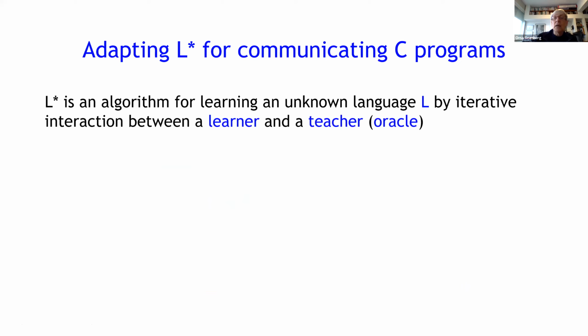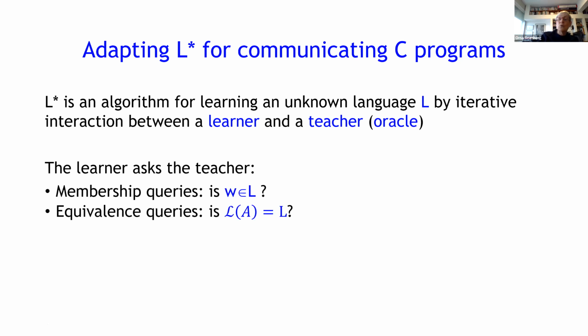So let's look closer at the L-star algorithm when we use communicating C programs. The goal of L-star is to learn an unknown language L, and it consists of a learner and a teacher. The learner poses questions, of two types, which are answered by the teacher.